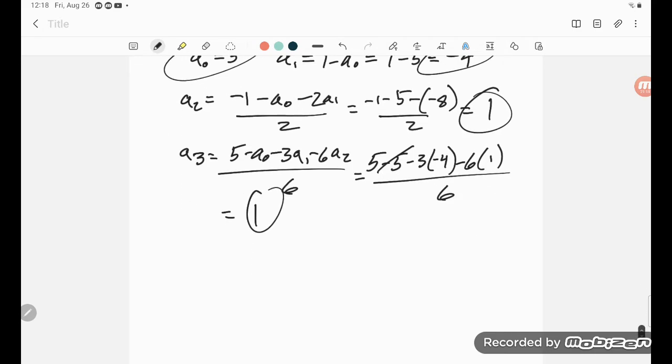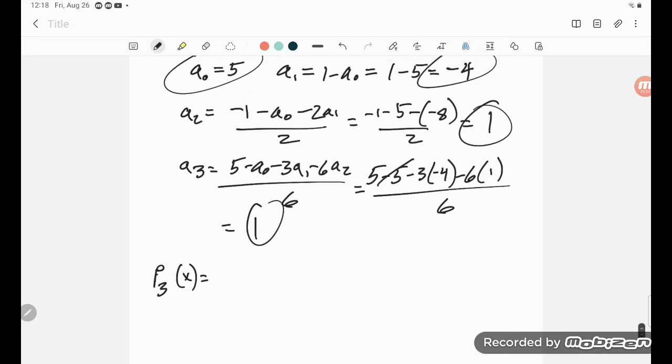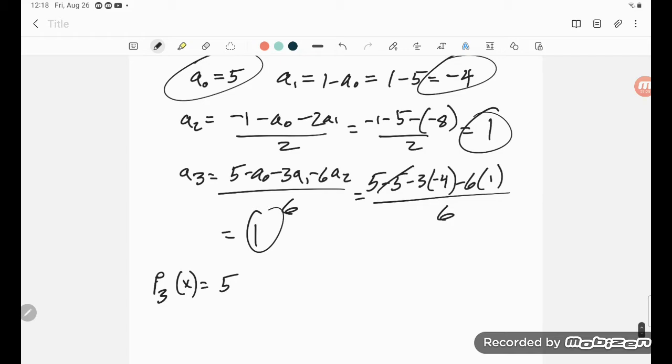And so that tells me that my polynomial degree 3 of x is the a0, so there's 5, plus the a1, but it's -4, so I'll write -4 times x minus x0, so x0 was 0.